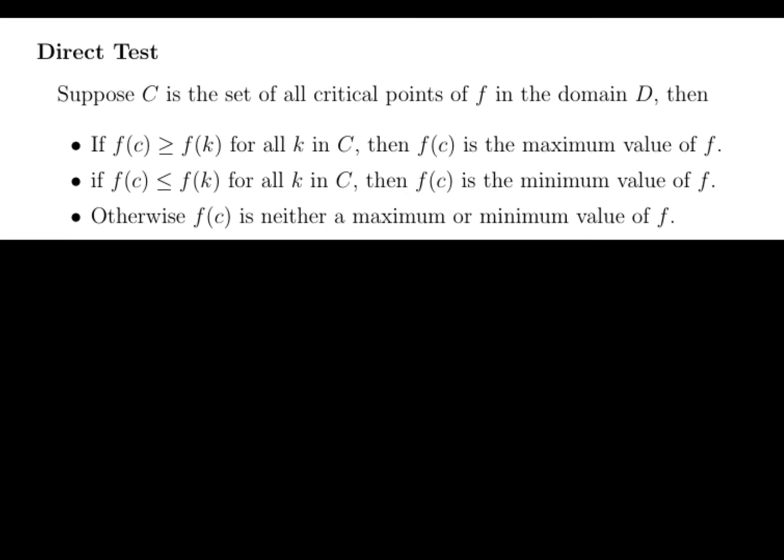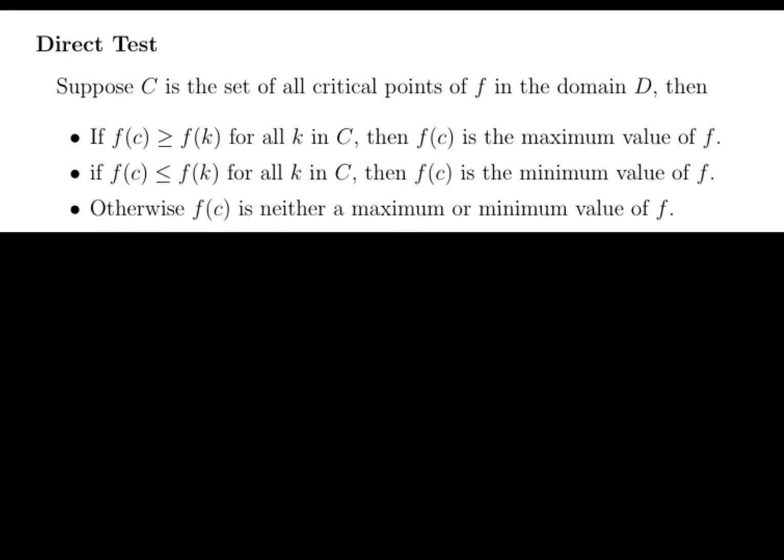Then, if f of c is bigger than all the other evaluations of f on the critical points, then we know that f of c is a maximum value of f. On the other hand, if f of c is smaller than the evaluation of f on all the critical points, then it's a minimum. And otherwise, it's neither a max nor a min.